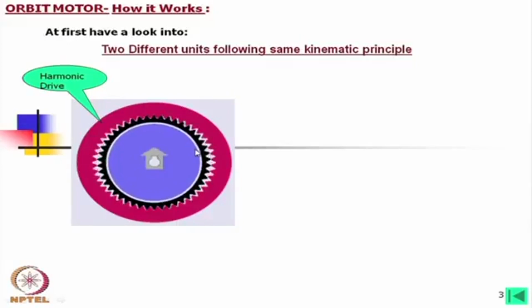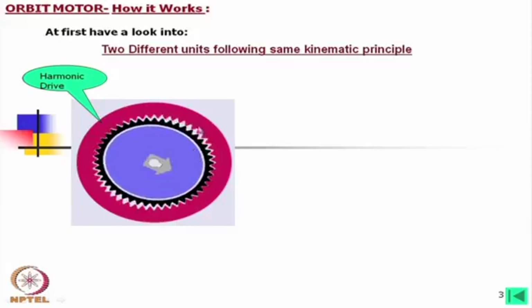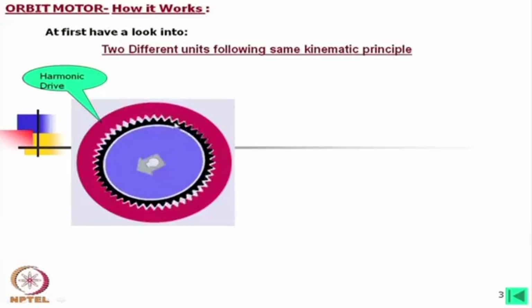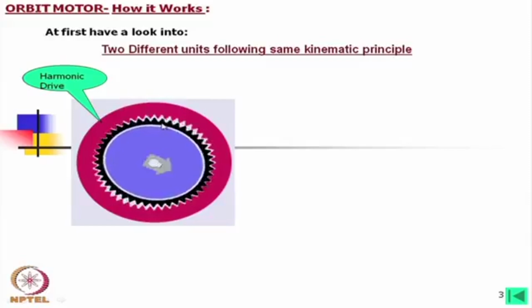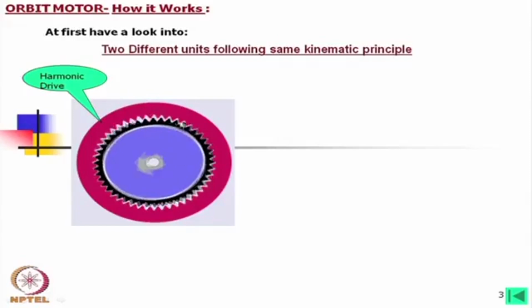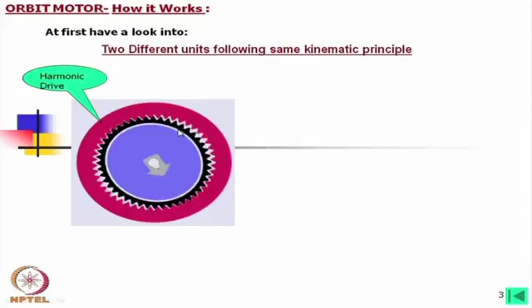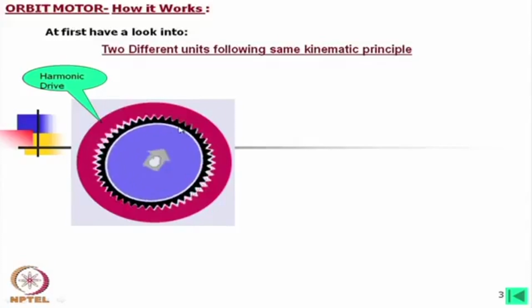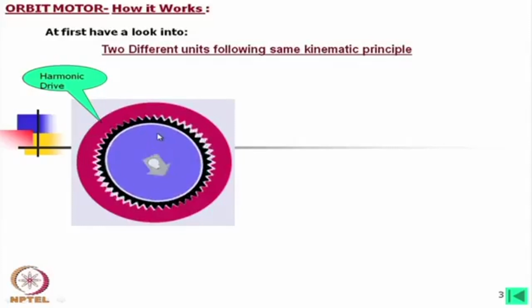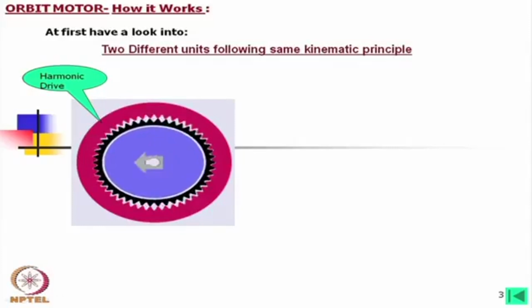In turn, it is transmitting very high torque. The ratio is nothing but the teeth number in the flex gear divided by the difference of the teeth, in this case 2. Suppose there are 100 teeth on the flex gear, then in a single stage we get a reduction of 50.